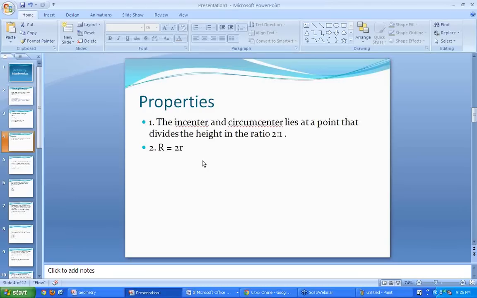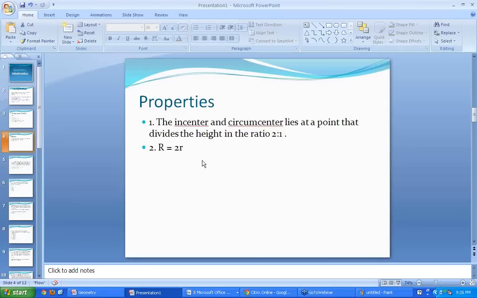The third property of an equilateral triangle is, among all the triangles that can be formed with a given perimeter, the equilateral triangle will have the maximum area. Please listen to it again. If you want to note it down, note it down. I haven't mentioned it here.